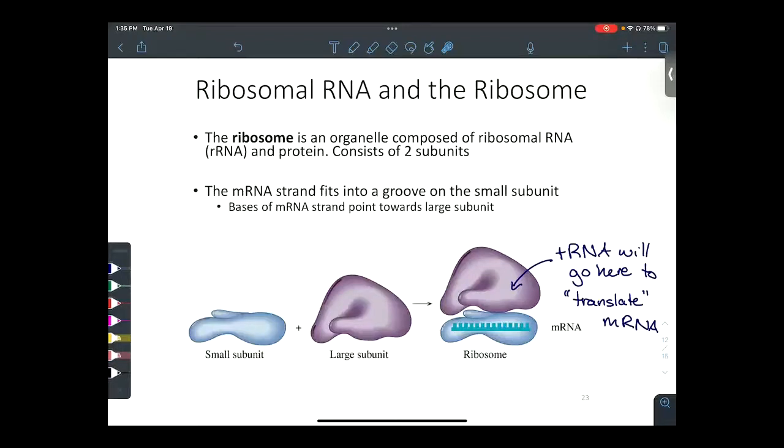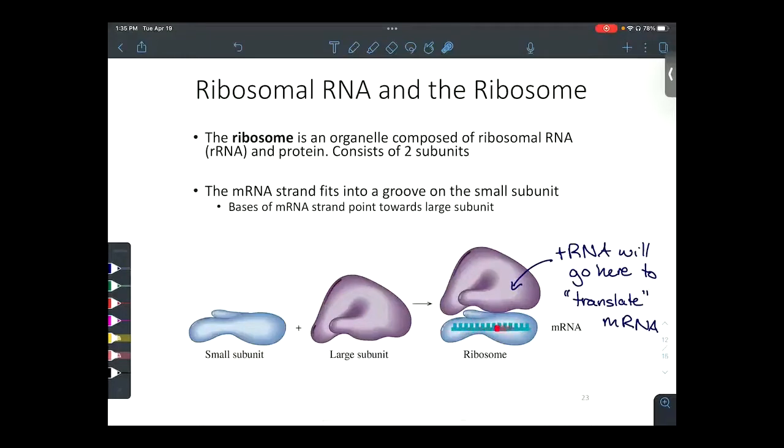So in your biology class, you learned that a ribosome is one of the organelles inside the cell, and this is the purpose of it. It's just a place for your mRNA and tRNA to come together. There's two different units, a small subunit and a large subunit, and what happens here is that mRNA comes out of the nucleus of the cell into the cytoplasm onto your ribosome.